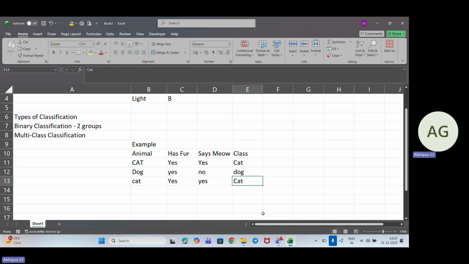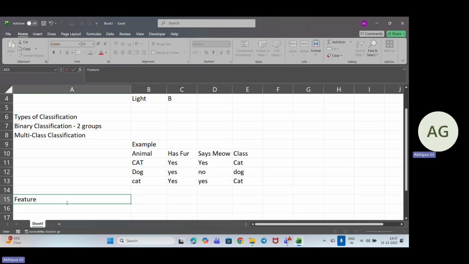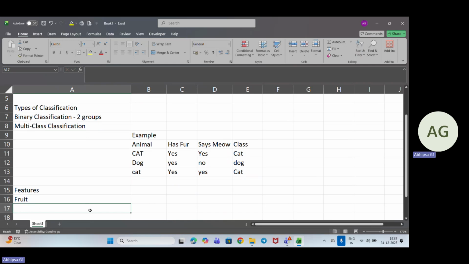Now coming down to features. What are features? Features are the details that are used to make the decision. Let's write it down, because if I am not writing, I guess you might get confused. So the term is features. Features are just the details that we are using to make a decision. Suppose we have the fruit. Now suppose we have the features as color.